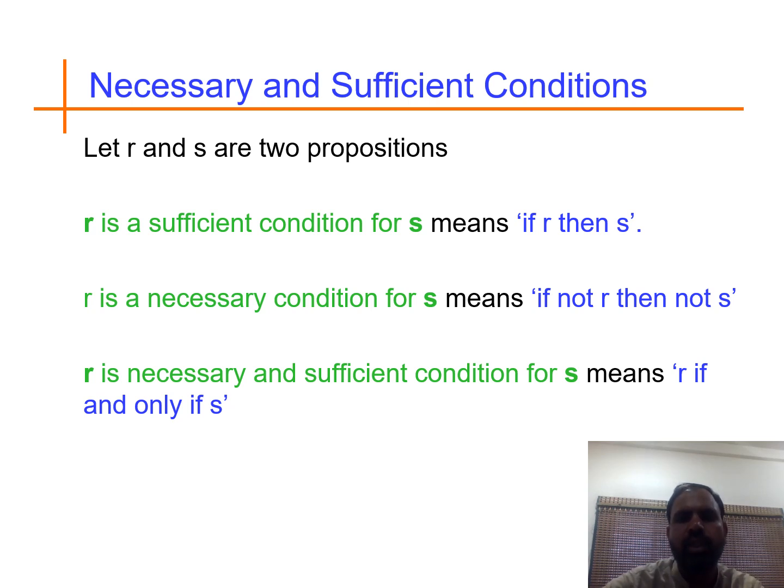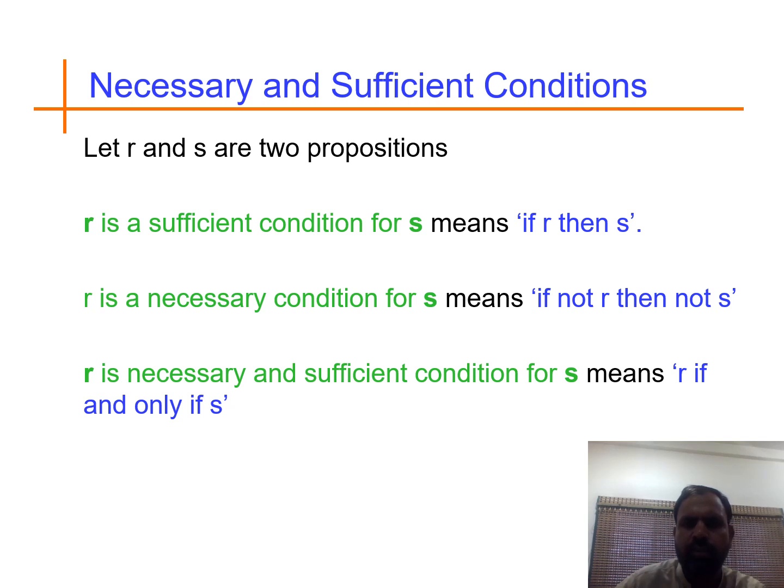R is a sufficient condition for S means if R, then S. R is a necessary condition for S means if not R, then not S. R is a necessary and sufficient condition for S means R if and only if S. So this is a biconditional.